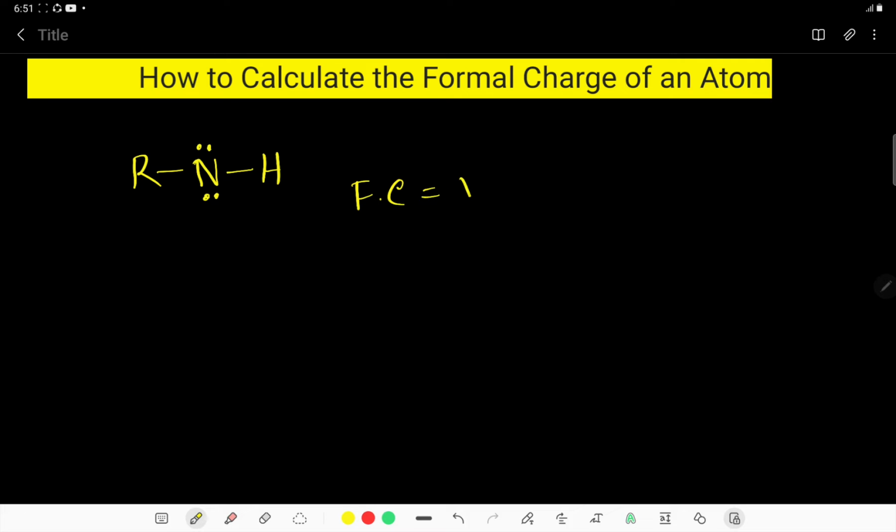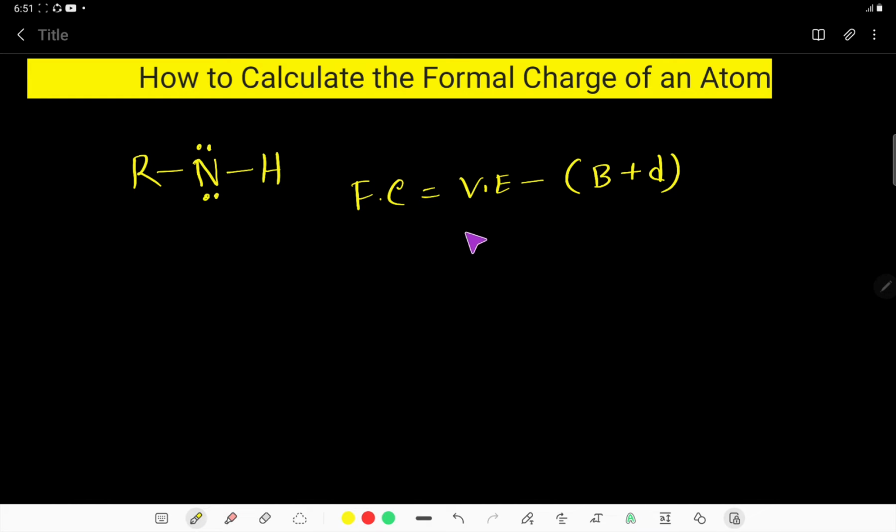Formal charge equals valence electrons in a neutral or free or isolated atom, minus number of bonds attached to the atom, plus number of dots over the atom.